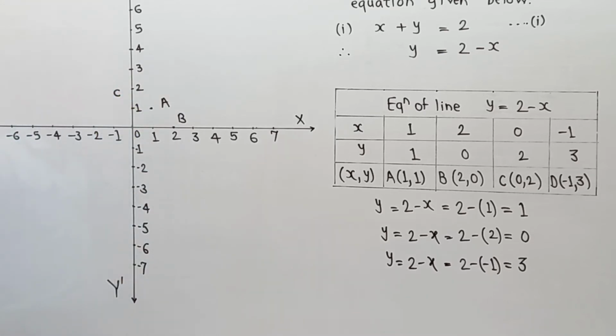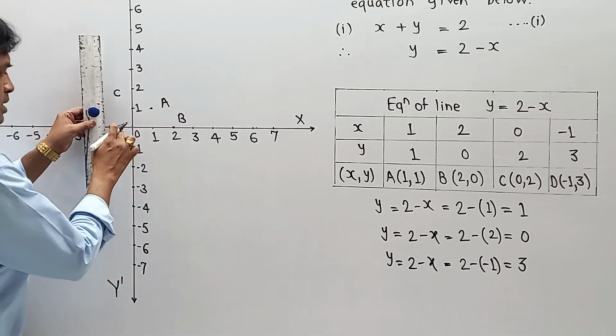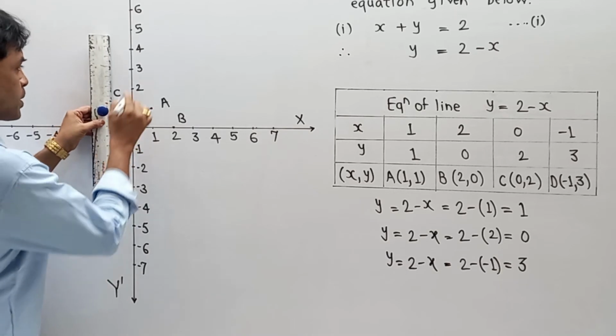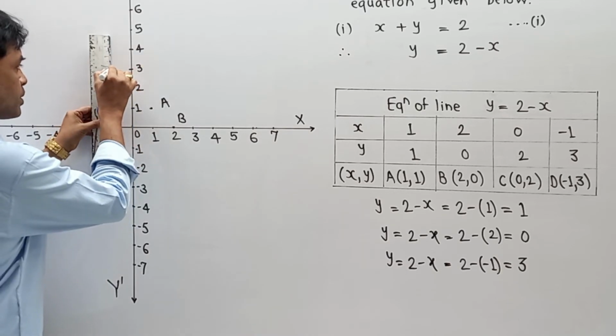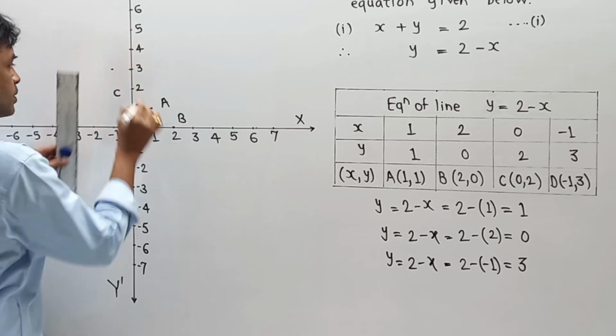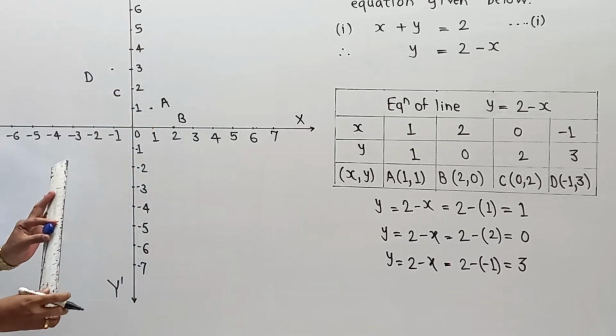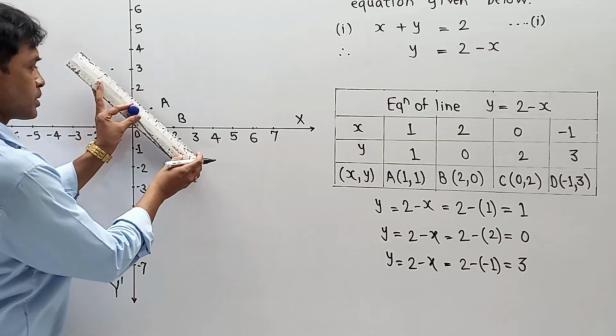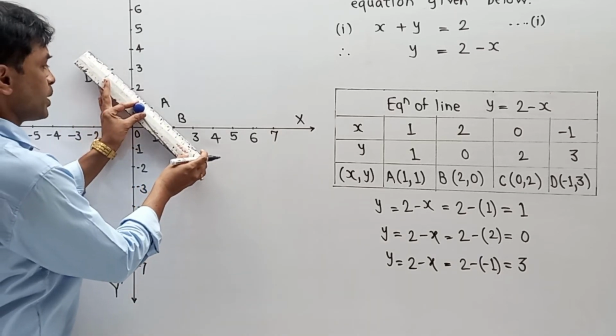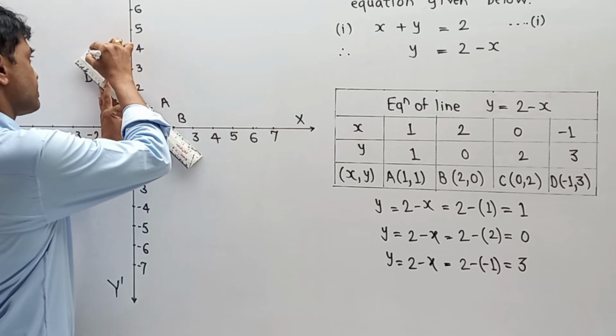And D is (-1, 3), so x is -1 and y is +3, so it is over here, and this is D. Now I am going to draw one line that passes through all these 4 points, that is A, B, C and D.